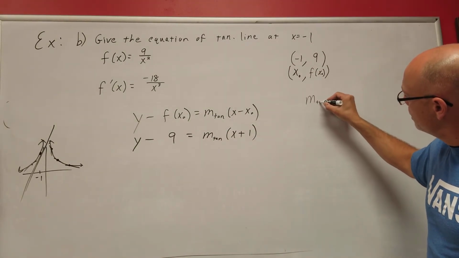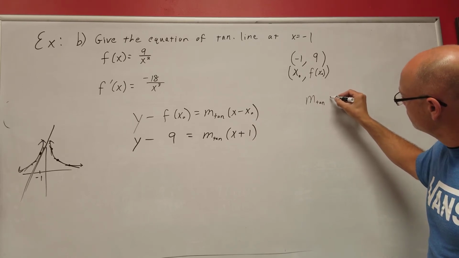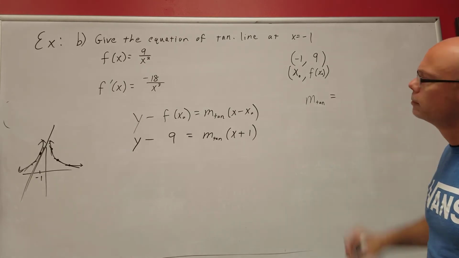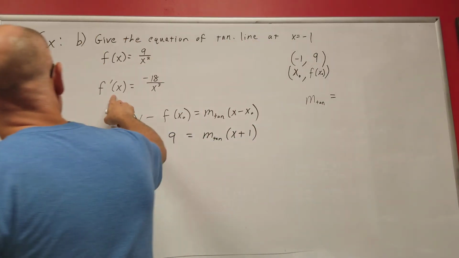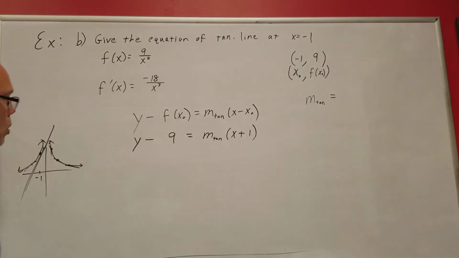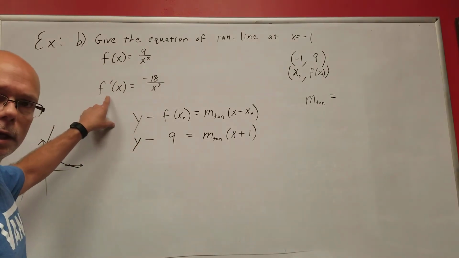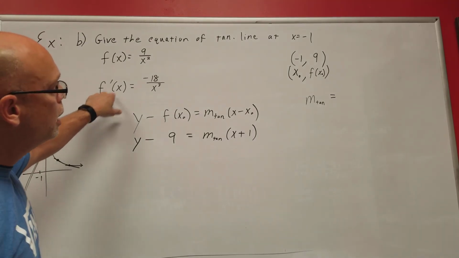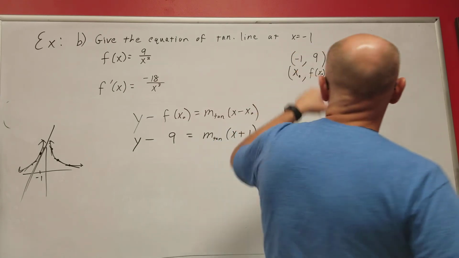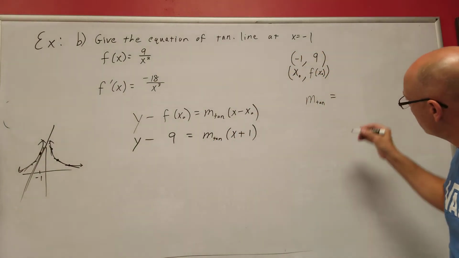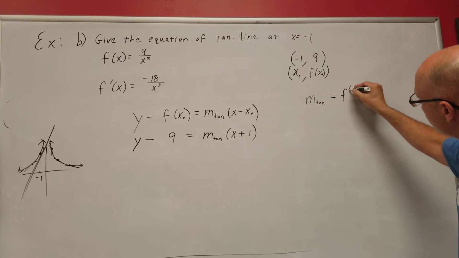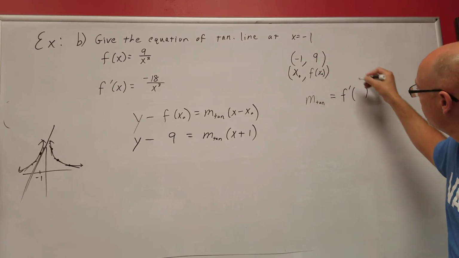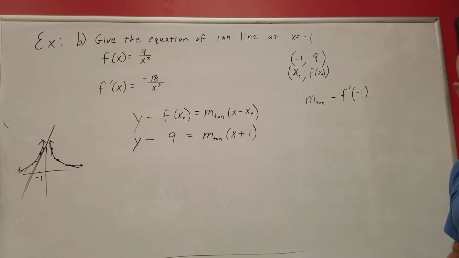So what is m tan? What was this? This was the derivative of f, right? Or the slope of all the tangent lines of f. What am I looking for here at -1? I'm looking for the slope of the tangent line at -1. So I'm really looking for f prime at that particular value of -1.